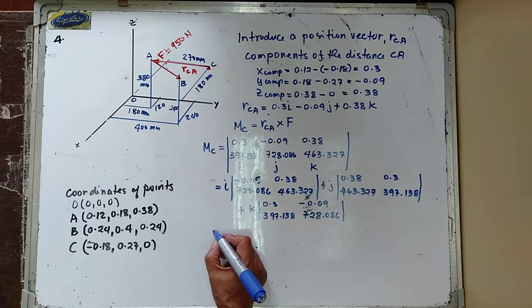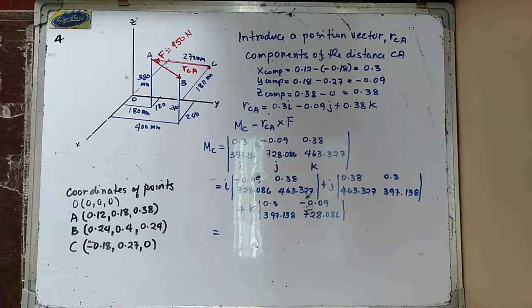Now, let's try to evaluate the cross product of the position vector CA and the vector itself.